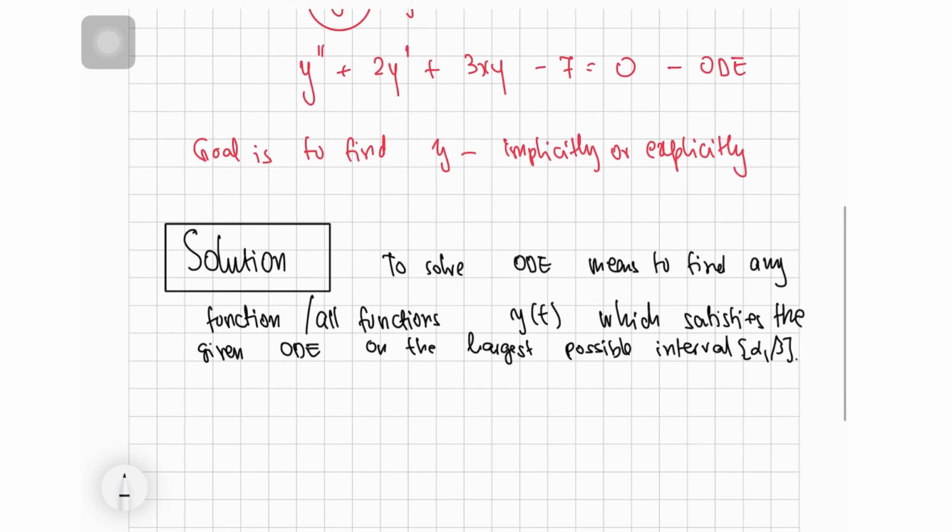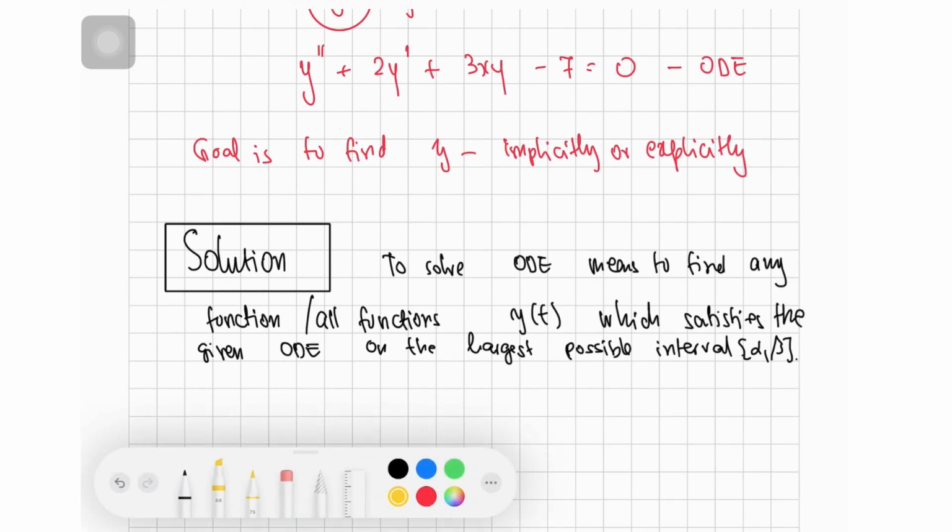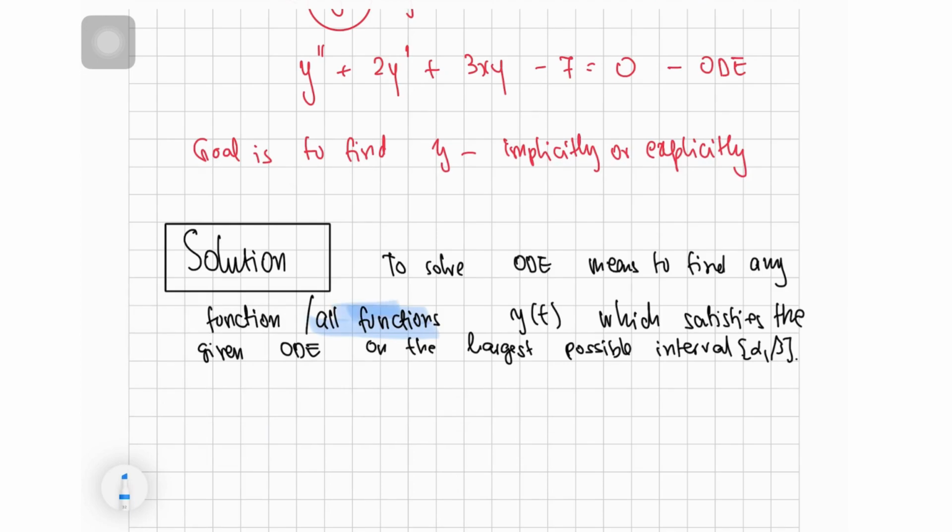So not only do we have to find a function, but also we have to take care: to solve means to find all functions that satisfy the given ODE and on the largest possible interval.